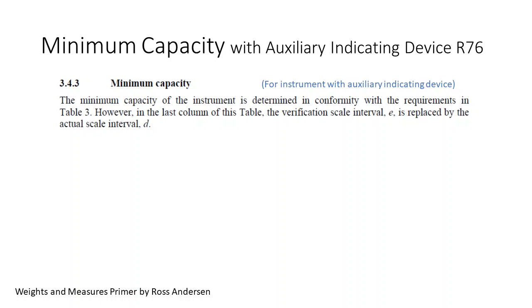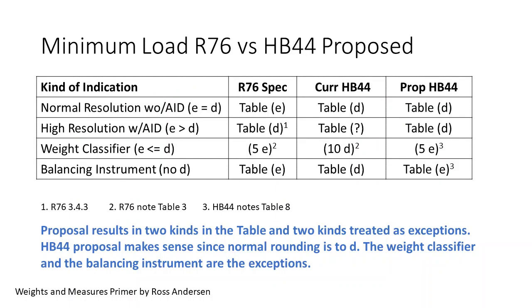For an instrument with an auxiliary indicating device, E is replaced by D in column 5 to calculate the lower limit of min. How should we interpret all this? You have to consider 4 kinds of instruments as in the revised S122. R76 includes the normal resolution instruments and the balancing instruments in the body of the table in E. It covers the high resolution by switching to D in the table by exception.